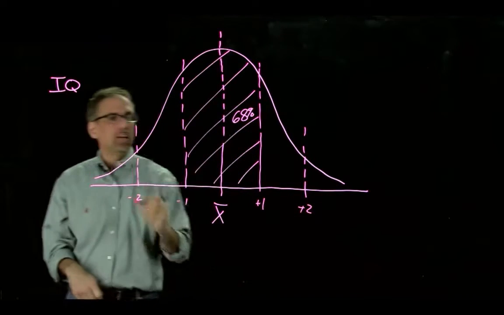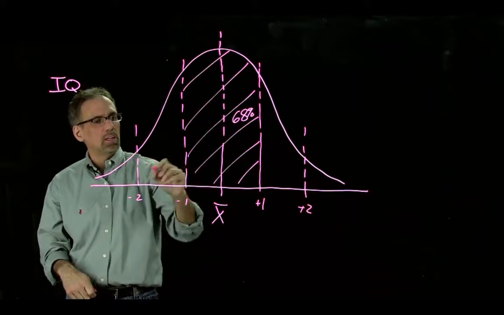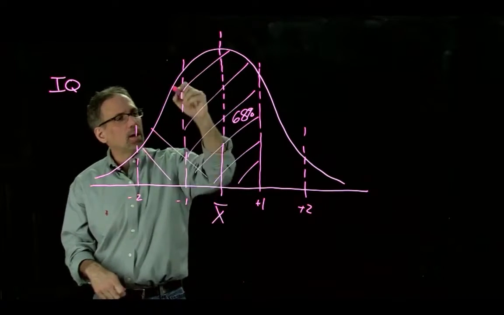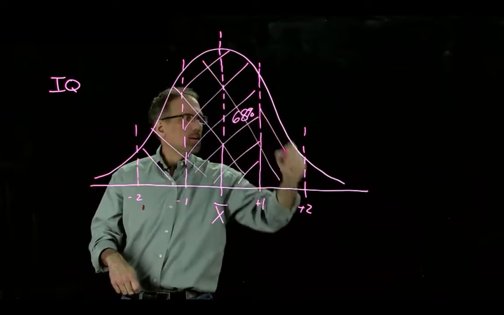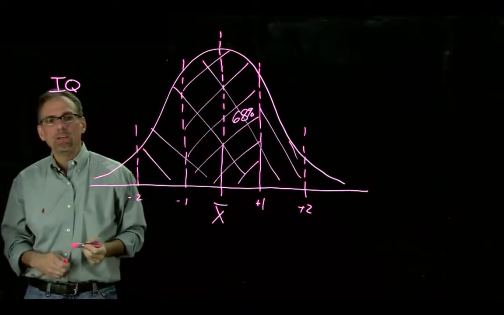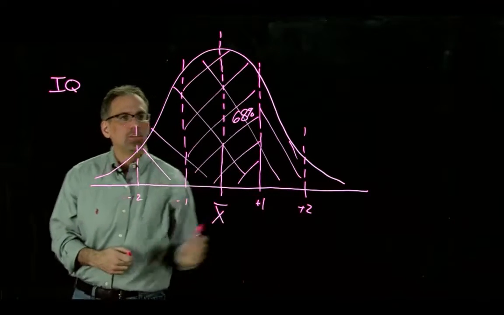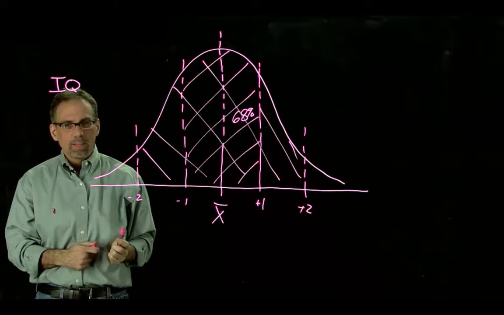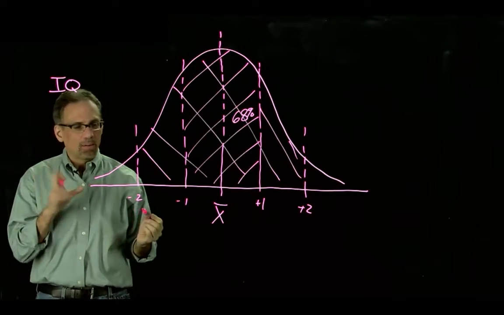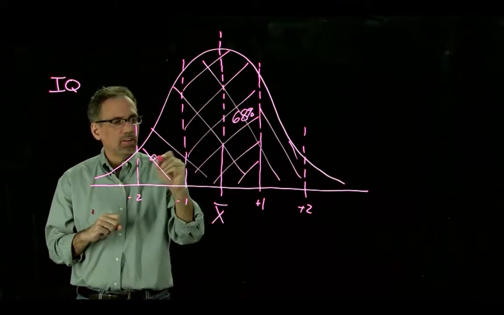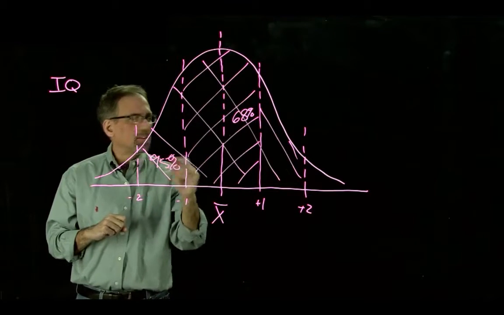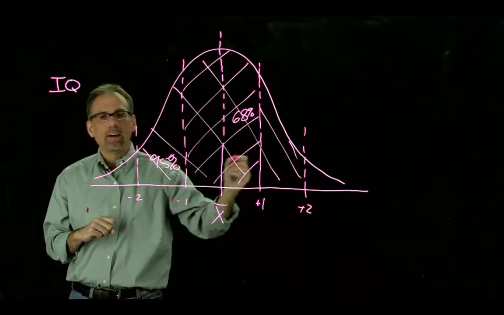All right, so now that whole piece from -2 to +2, just about 95% is in that whole big area there, okay?